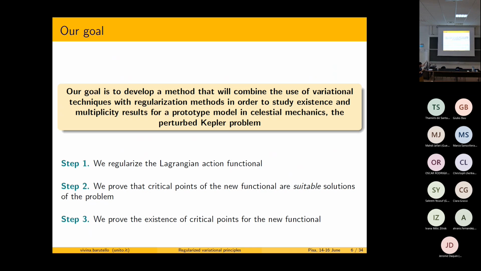Now I write the problem. In the next slide there is my problem. Okay, suitable solutions of the starting problem, and then we prove the existence of critical points of the new functional. These are the steps. So in some sense, what is new is that we first try to regularize. Okay, this is the basic idea.